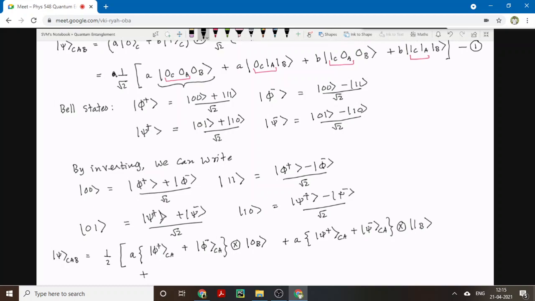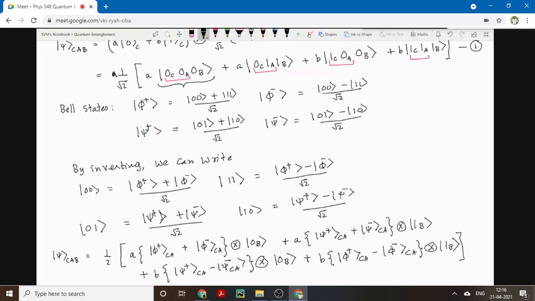Plus B, I have 10. What is 10? Psi plus CA minus psi minus CA cross 0B, plus B into, that is 11, right? Phi plus CA minus phi minus CA cross 1B.